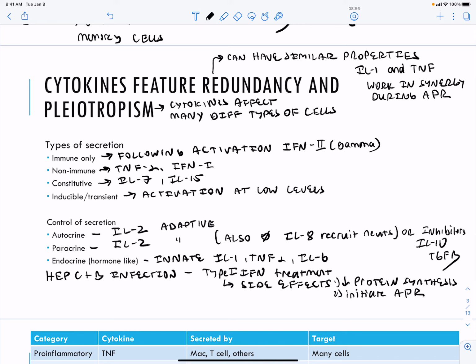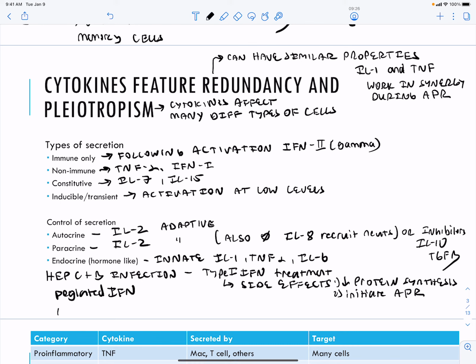It's an APR, acute phase response. And so the hypothalamus has receptors for type 1 interferon, so it can cause fever and things like that. And to date, you might hear terms like pegylated interferon, and the PEG is just going to make interferon more stable, so it has a longer half-life in the body.